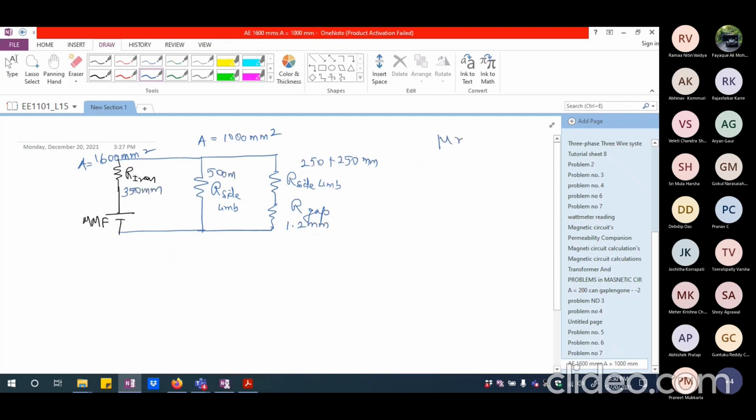So everything is given. Mu r is also given. So it's a pretty straightforward calculation, but the only thing is the flux you get here is phi total, and you have to find out how it is dividing itself into these two. It is exactly like the current division rule you use in our regular electrical circuit.